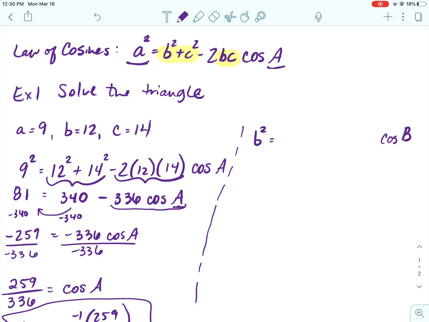The sides that are used here and here are the sides that don't match the angle you're finding. So in this case, that is going to be A squared plus C squared. And then in front of your cosine is going to be 2AC.